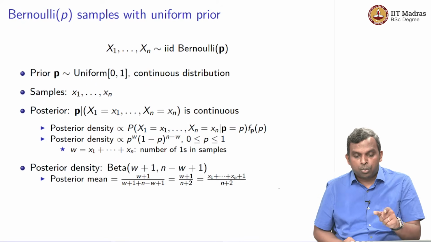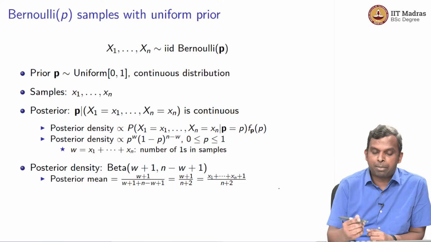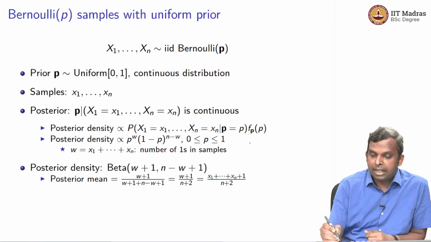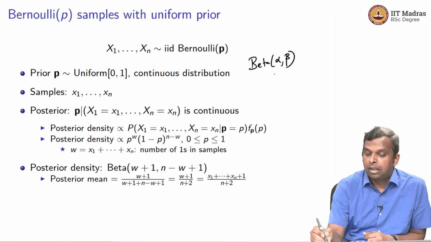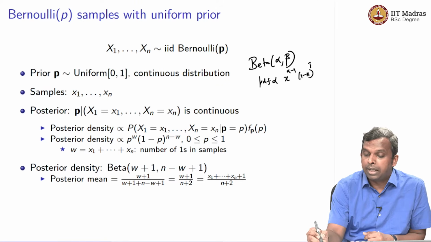If you remember the beta density, what is it? Beta of alpha comma beta has a PDF proportional to x^(alpha minus 1) (1 minus x)^(beta minus 1) for x between 0 and 1.